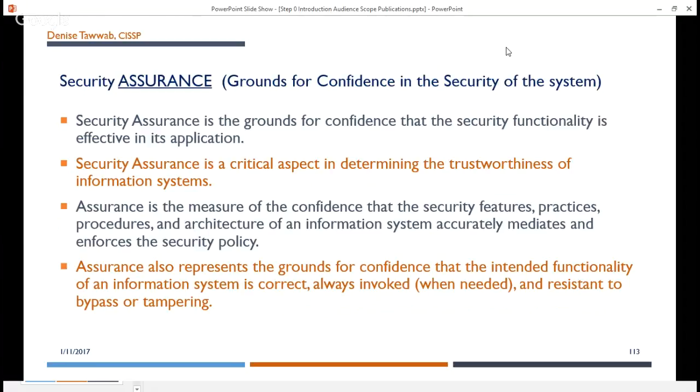Assurance is the measure of the confidence that the security features, practices, procedures, and architecture of an information system accurately mediates and enforces the security policy. Assurance also represents the grounds for confidence that the intended functionality of an information system is correct, always invoked when needed, and resistant to bypass or tampering.